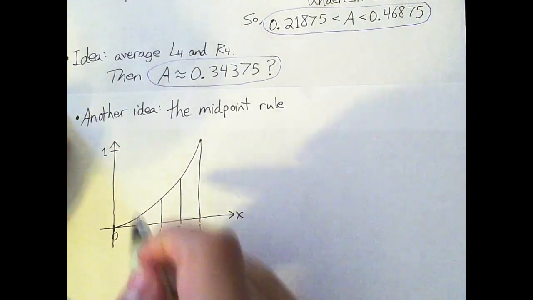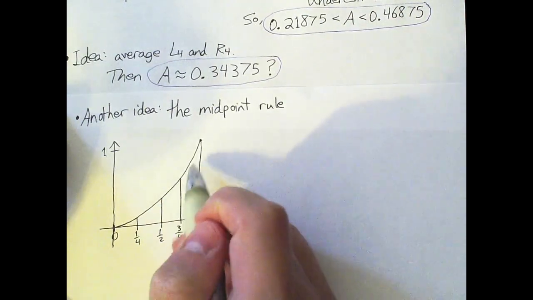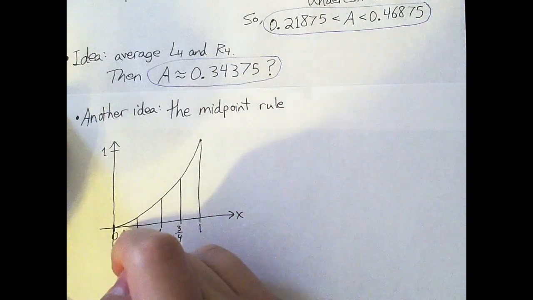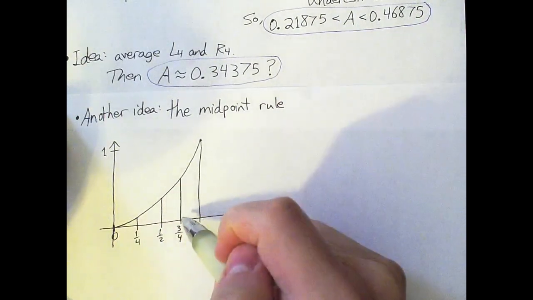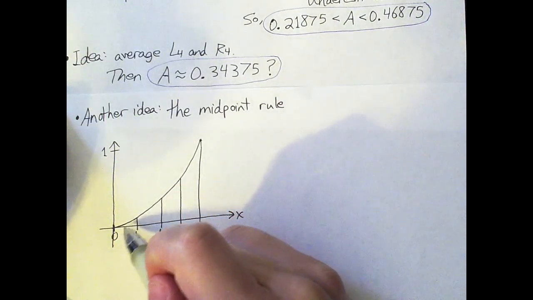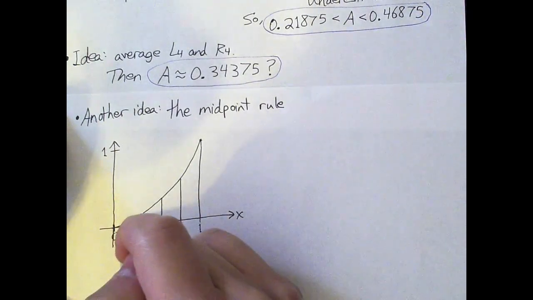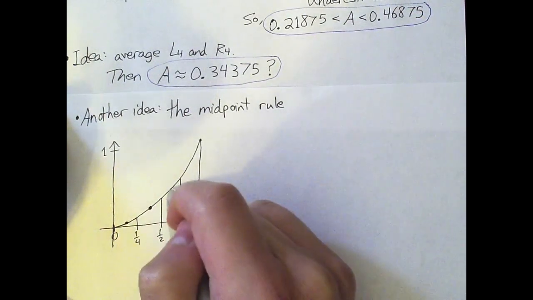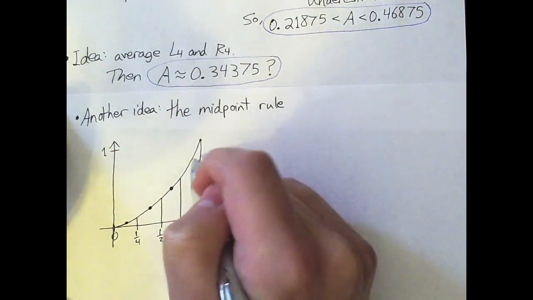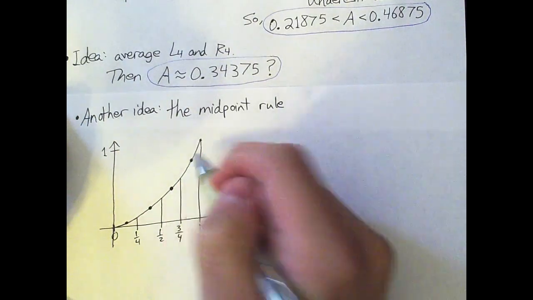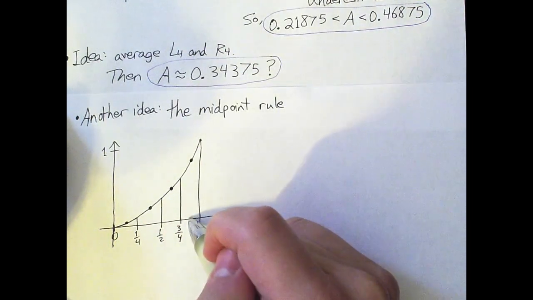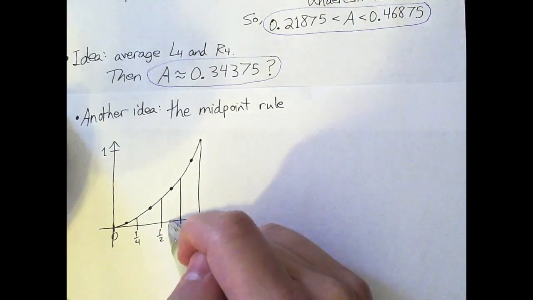But this time, instead of drawing a dot where each of those vertical strips touches the curve, I'm going to focus on the midpoints of each of these vertical strips. So what is halfway in between these two? It would be here, here, here, and here. Okay, so they're basically at these midpoints.